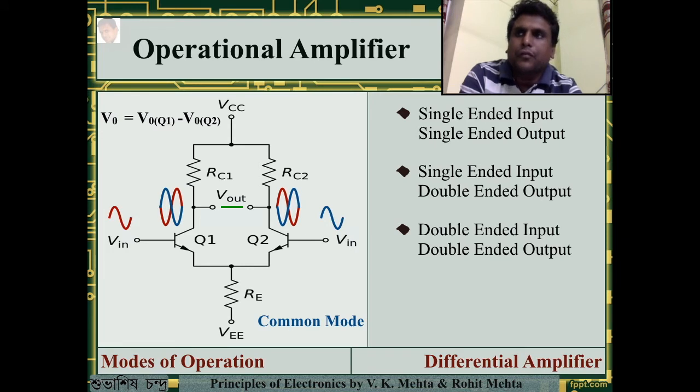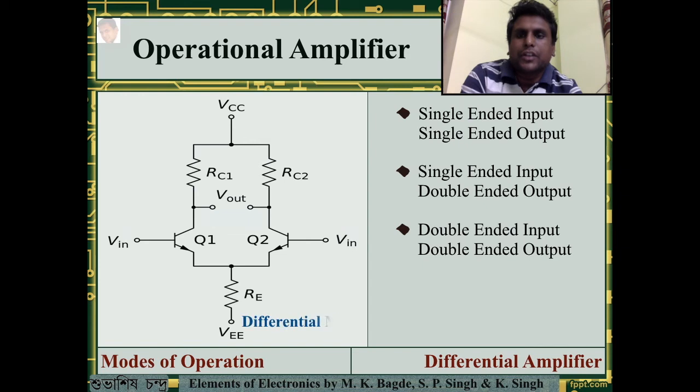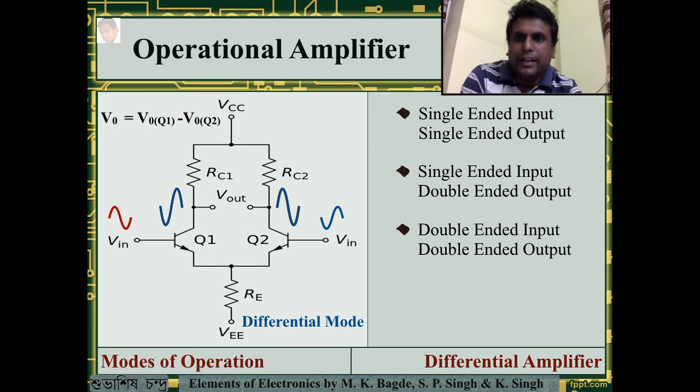Let us see what it does to the differential mode signal. In the differential mode, again, these are the outputs for the red wave and for the blue wave. Here you can see that the superposition is constructive and hence we get this kind of output waveform.